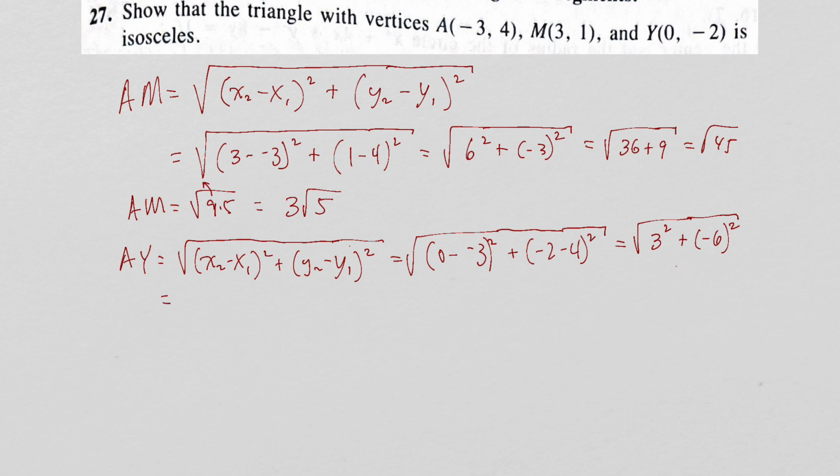This is going to be the square root of 9 plus 36, which is the square root of 45, 9 times 5, and this is 3 root 5.